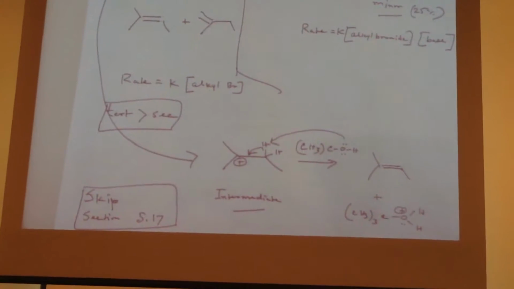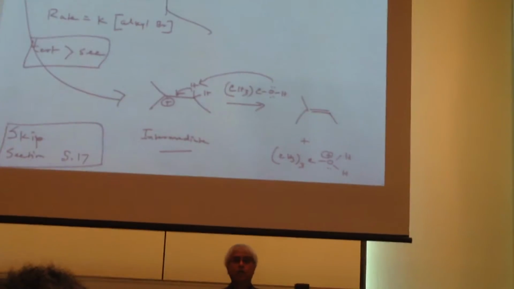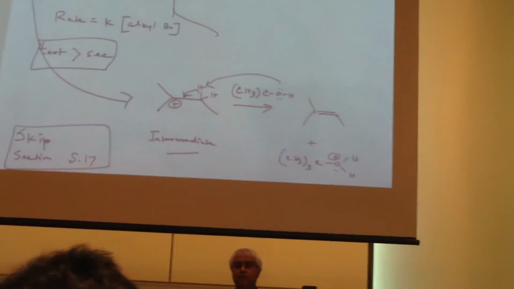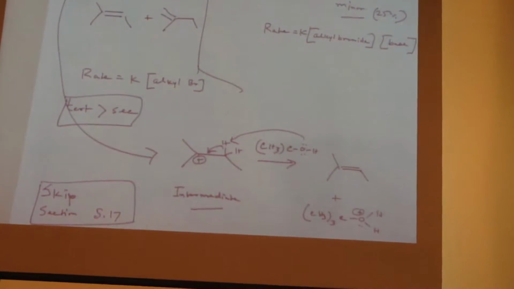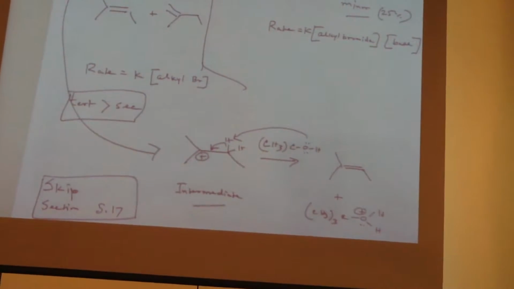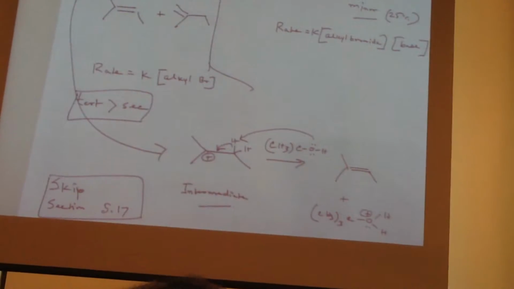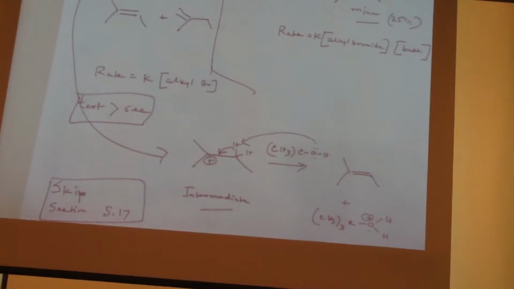The isotope effect is actually used for studying the kinetics of reactions. Typically, you replace a hydrogen with a deuterium, and if that deuterium is taken out in the rate-determining step, then there is a huge effect on the kinetics. If it doesn't, then it has very little effect on the kinetics. Anyway, we won't go through that. Skip that section. Any question up to this point?